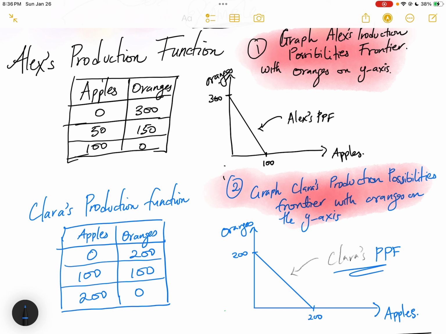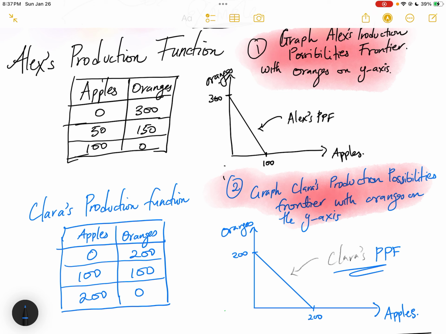One thing I want you to stare at here for a while is if we just consider oranges and Alex puts all of his factors of production towards the production of oranges, he can produce 300 oranges in the same time Clara is producing 200 oranges. So it looks like Alex on the orange point of things is doing better than Clara.